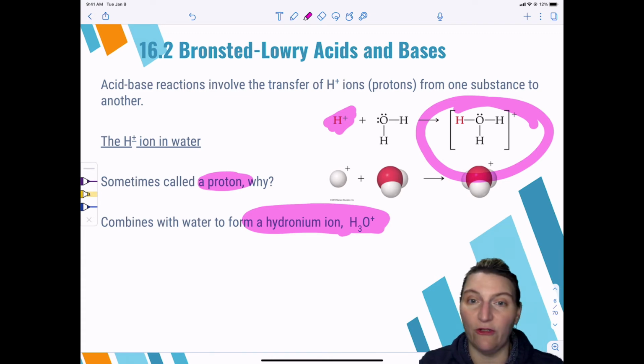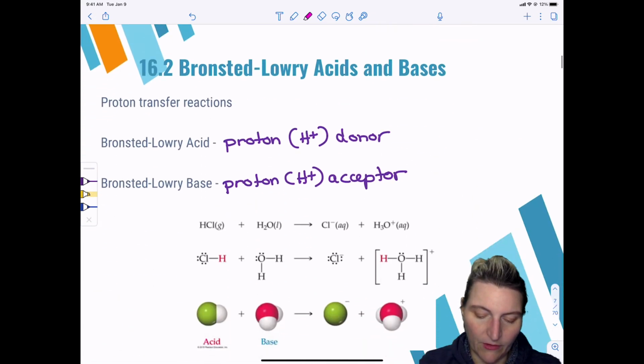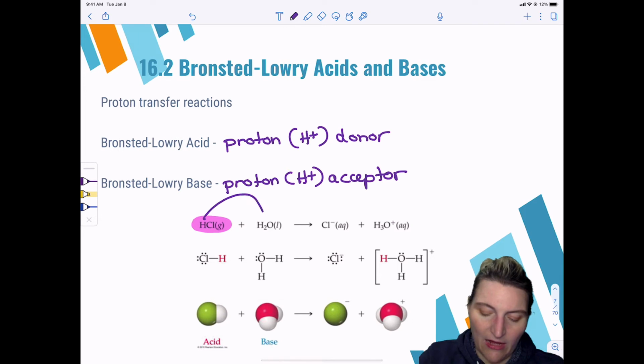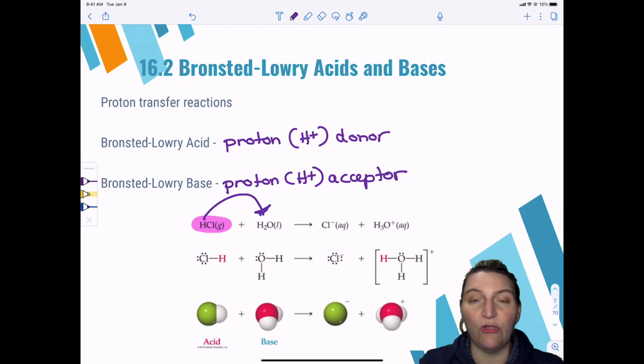Those are really interchangeable. So again, there's the definition of a Bronsted-Lowry acid and a Bronsted-Lowry base, proton donor and proton acceptor. And you can see in this case we have HCl, which could be considered an Arrhenius acid, but also a Bronsted-Lowry acid, because in this reaction, it gives the hydrogen ion to water.